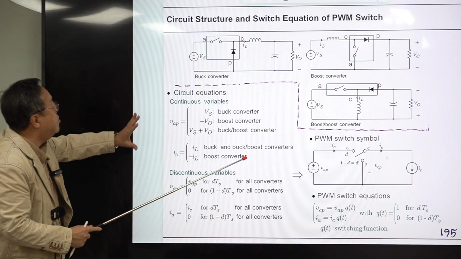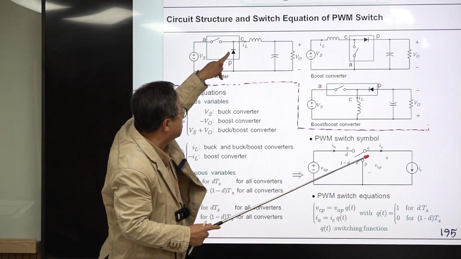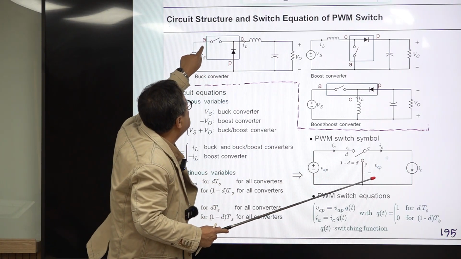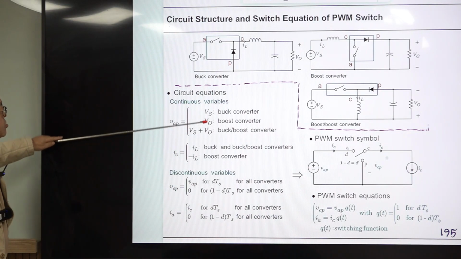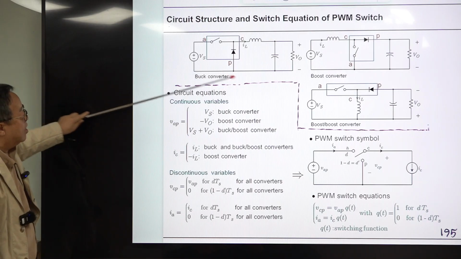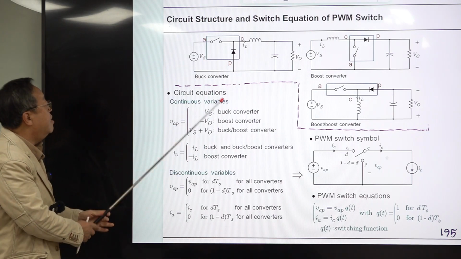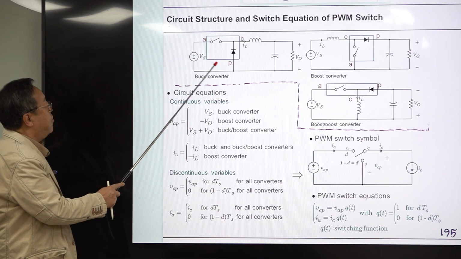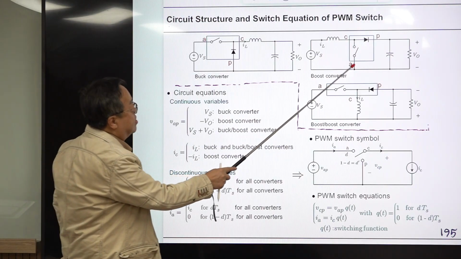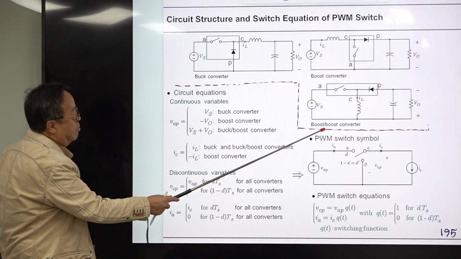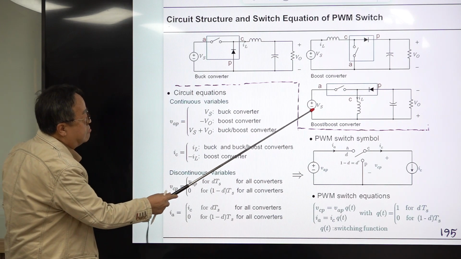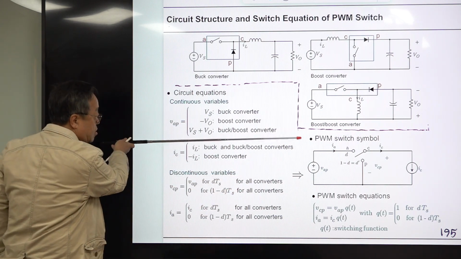The other variable, for example the voltage across here or the current through A, is also a continuous variable. First, the continuous variable V_AP is V_S for the buck converter, minus V_O for the boost converter, and for the buck-boost converter, it is V_S plus V_O.